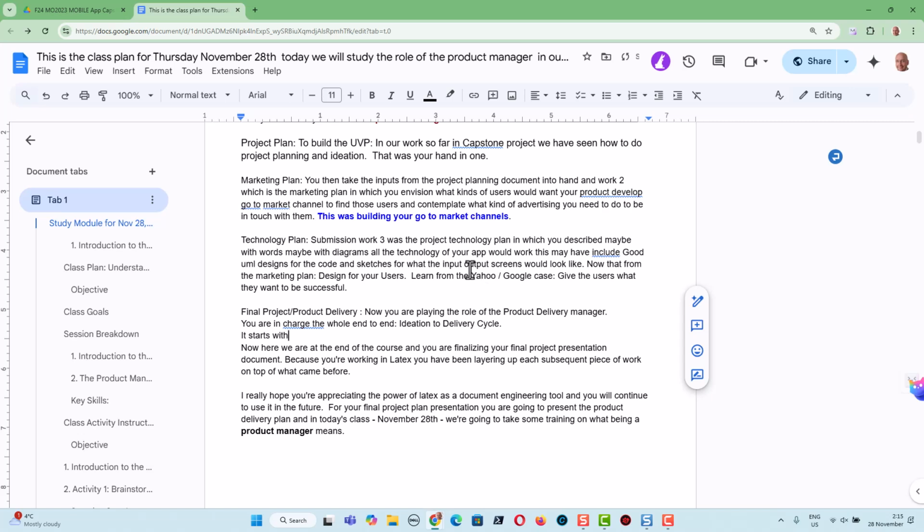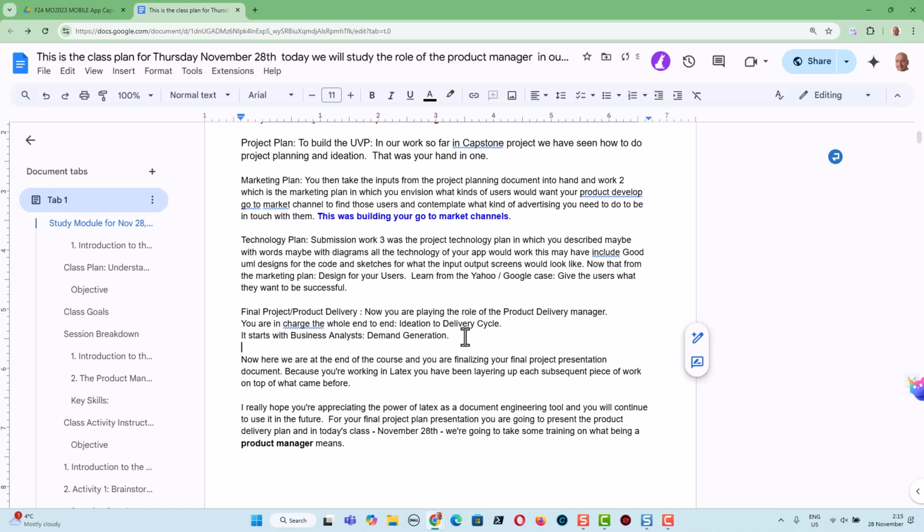It starts with business analysts talking to users, identifying user needs, or sometimes we even call it demand generation. So people don't even know they want something because they've never had it, so you have to get them to want it. And then it ends with delivery, with deployment out there to the App Store.